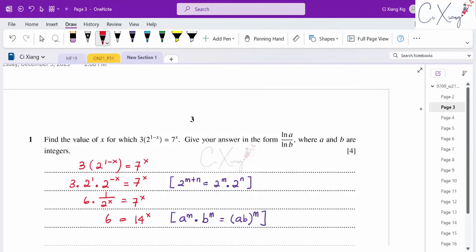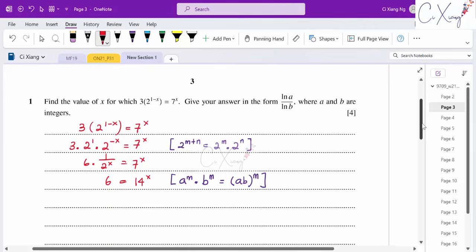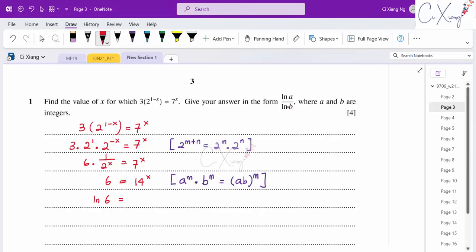Okay, so to get the value of x, I need to take ln or log both sides. For this question, since they are asking us to leave our answer in this form, ln a divided by ln b, therefore I will take ln for both sides. So I have ln 6 equals ln 14 power x. The power x inside the ln, you can bring in front as a number.